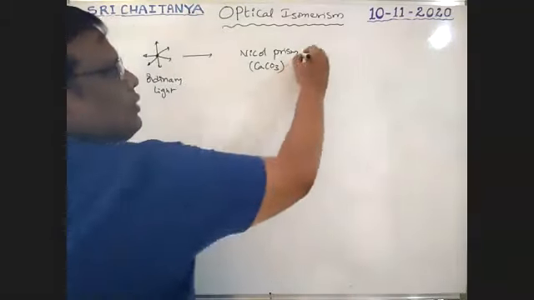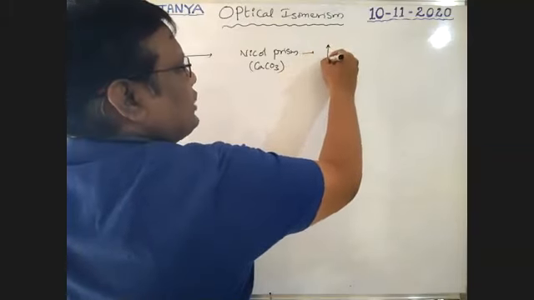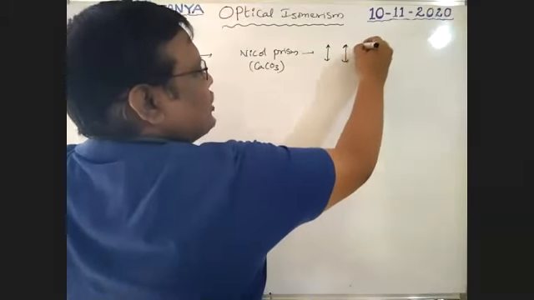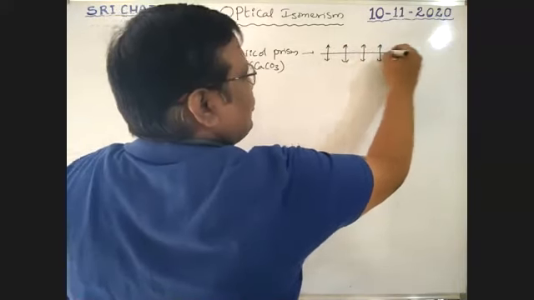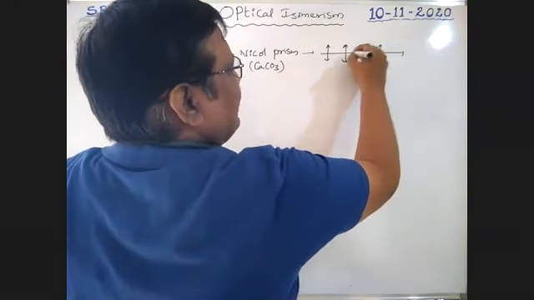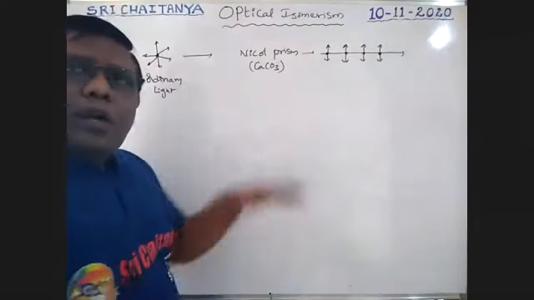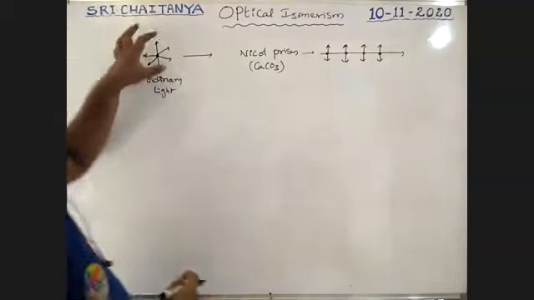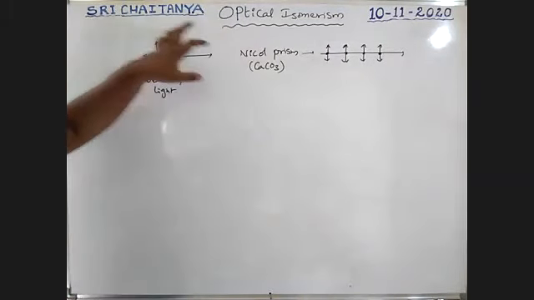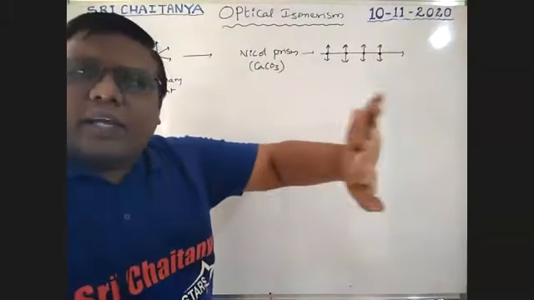So here only light with vibrations in one direction is available. This is the propagation, and these are the vibrations. Only one direction of vibrations is there, whereas here all directions of vibrations are there.